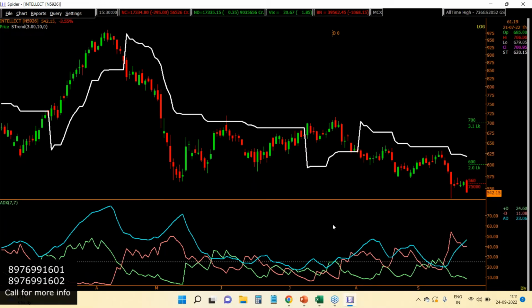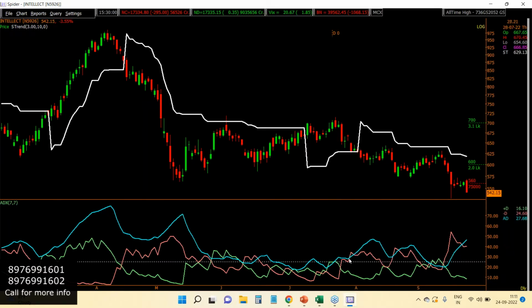If you just see here in this particular slide, can you see this particular point from where the ADX is rising? It was rising from this point. Also the negative DI was following the ADX. Similarly, from this point it has started getting into a downtrend.